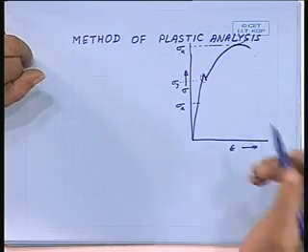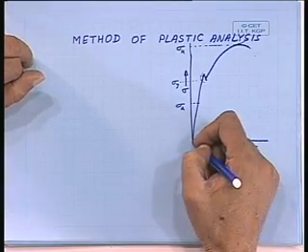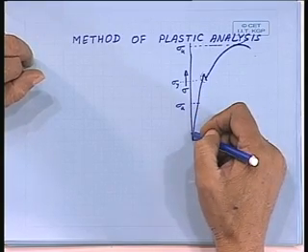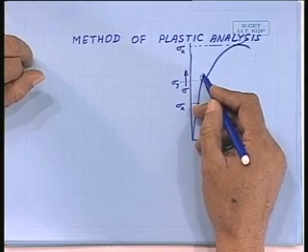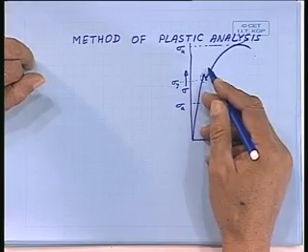Most of the structures which we design, we try to get a stress value which is in the linear part, so that when you load it and then unload it, it follows the same path. And that is what we say, that the material follows Hooke's law. Stress is proportional to the strain, which was given by Hooke.